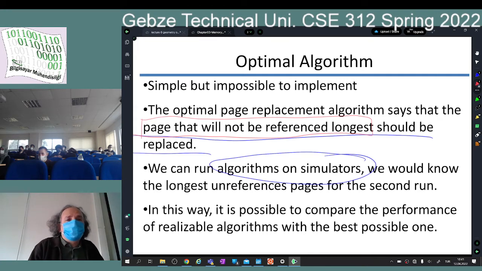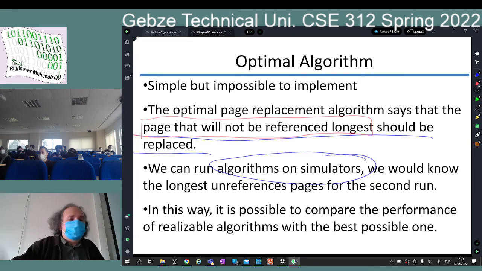However, to know what kind of optimal results I am going to get, the optimal algorithm will say, I am going to run my program first on a simulator, and I will see which pages are referenced in the future, and I will come back to the beginning of the program and say, these pages will be referenced at this point and this point, so I can know which page will not be referenced the longest.